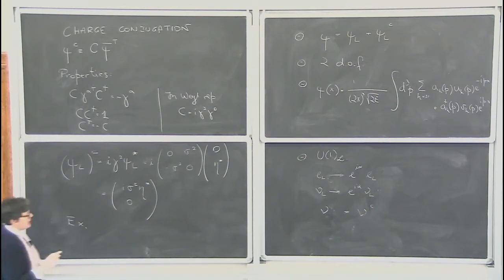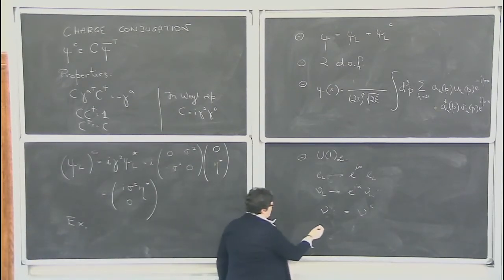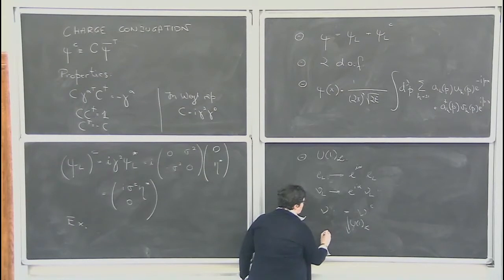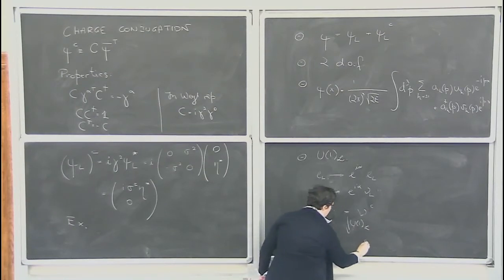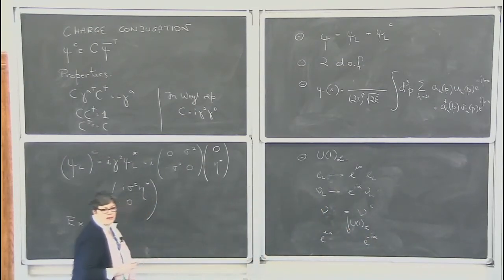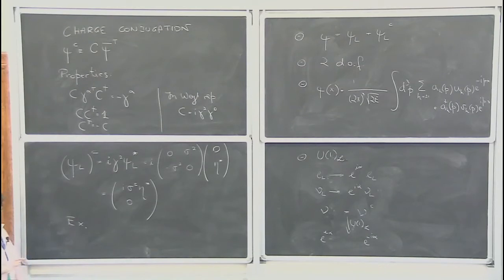So under a U(1) lepton transformation, you will pick up an e^{iα} here, and another e^{-iα} here. So it's not invariant under U(1) transformation.